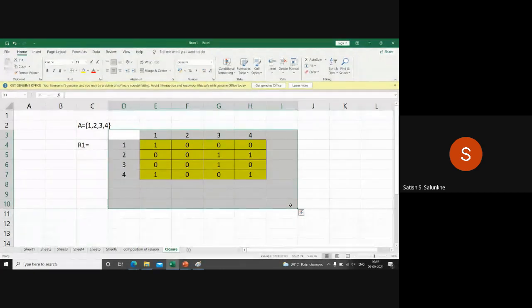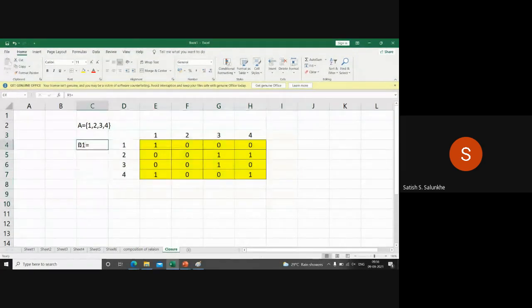So by performing what operation on this relation R1 are we 100% sure that we will get the resultant transformed relation? I'm just writing this as R1 dash.